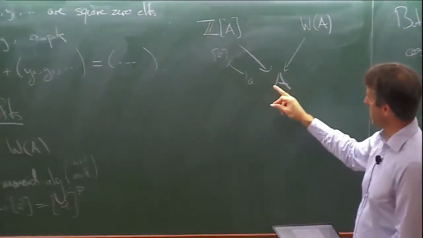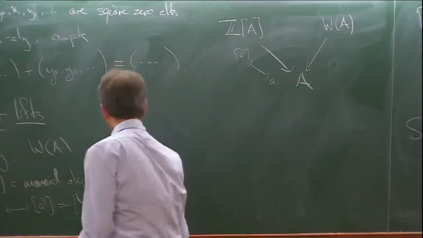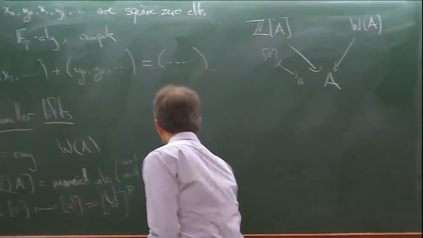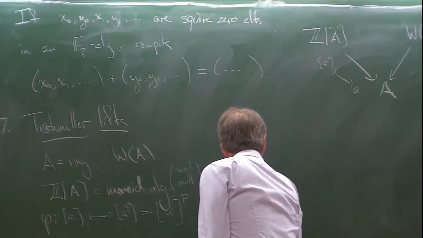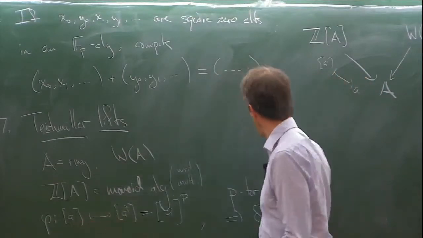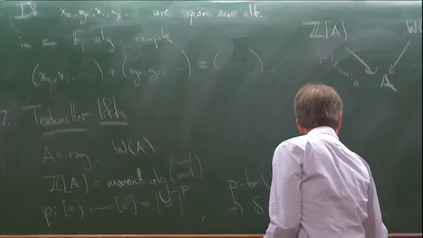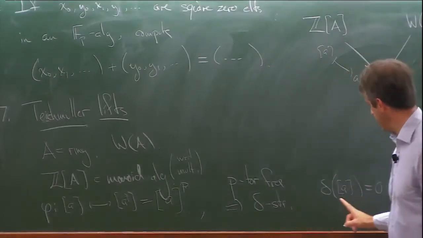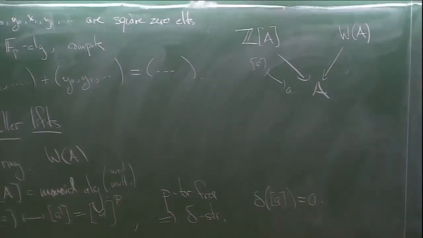That's a nice ring map, and this is also a delta ring, because it's p torsion free, which implies it's a delta structure. And of course, delta of the generator, brackets A, is 0, because the Frobenius lift is literally the pth power map on brackets A. So delta of brackets A is 0. So you get a well-defined delta structure.